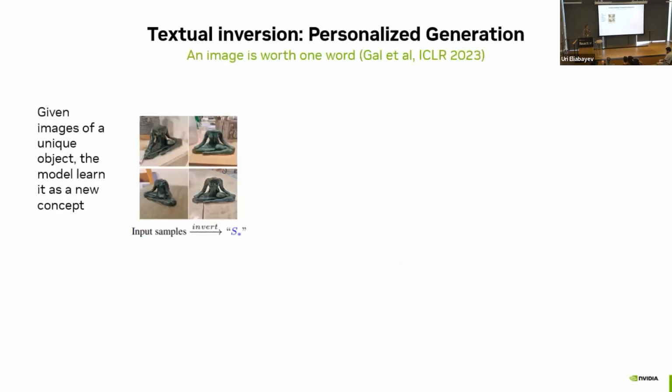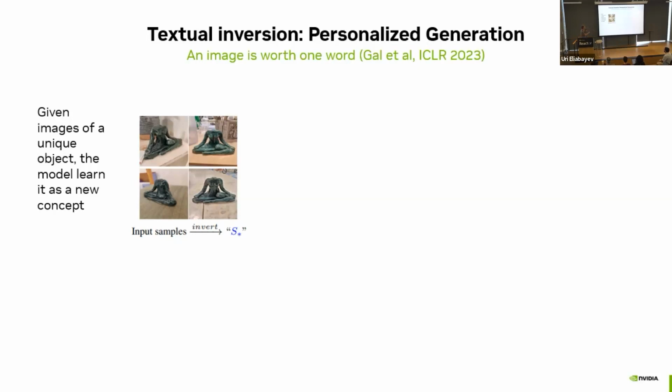So we presented about a month ago in ICLR a paper. This is a collaboration with Tel Aviv University, Rinon Gal, and the lab of Daniel Cohen-Or and Amit Bermano and a lot of others. Let me just show you the idea.